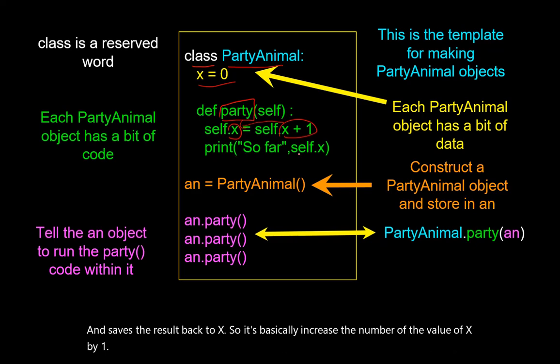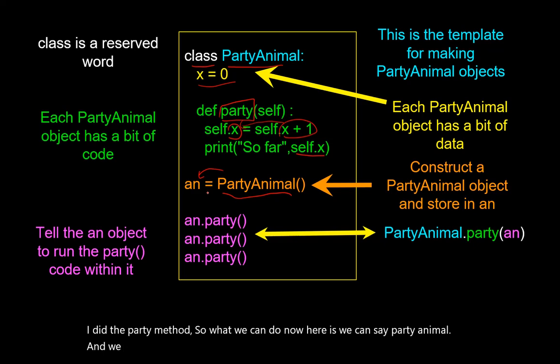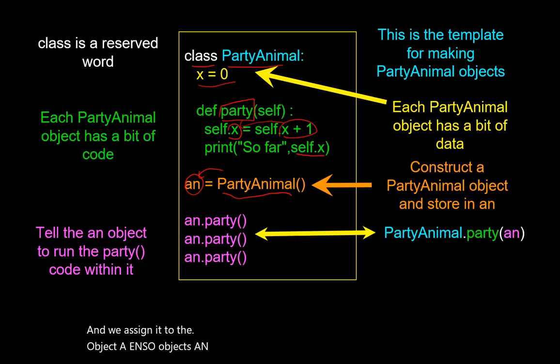And we print the value of x at the end of the party method. So what we can do now is say PartyAnimal, and we assign it to the variable an. In this case, we constructed an instance of PartyAnimal, and we assign it to the object an. So object an is an object of the PartyAnimal class here.